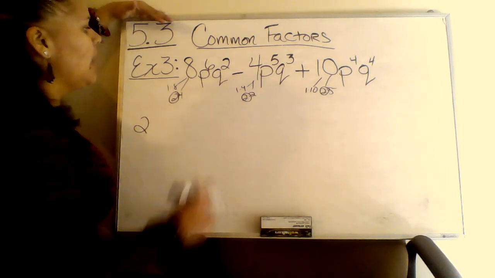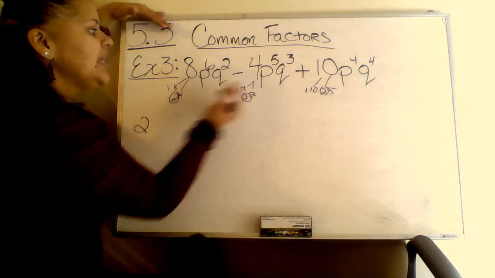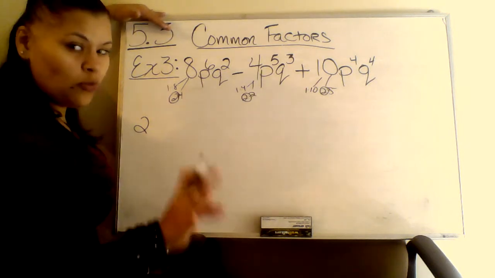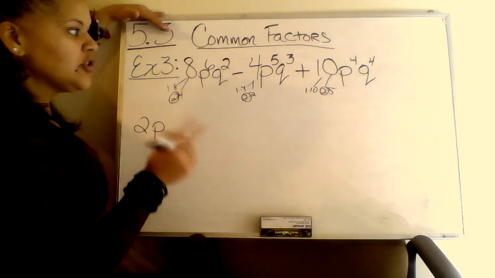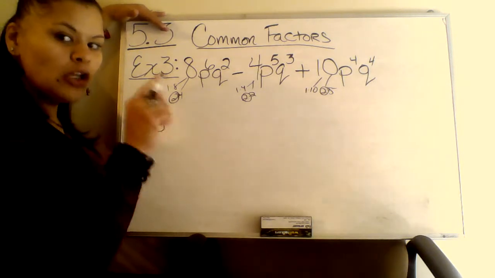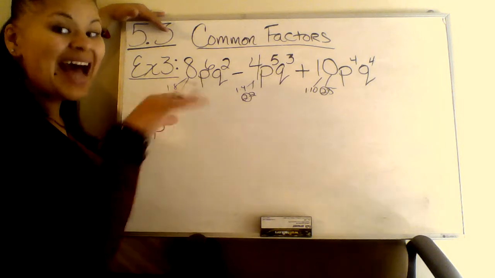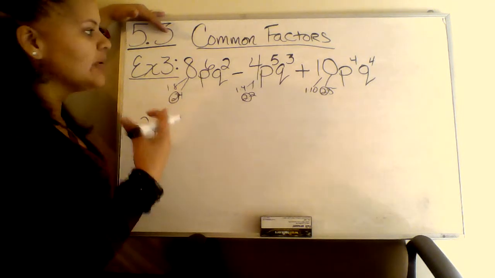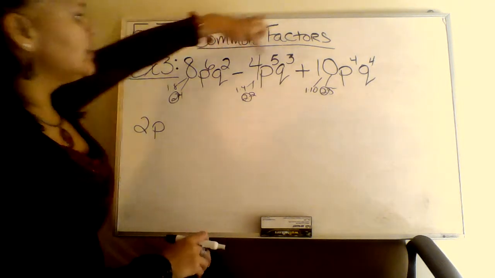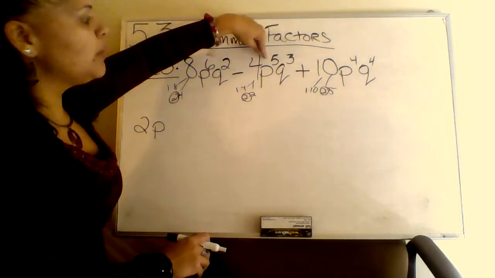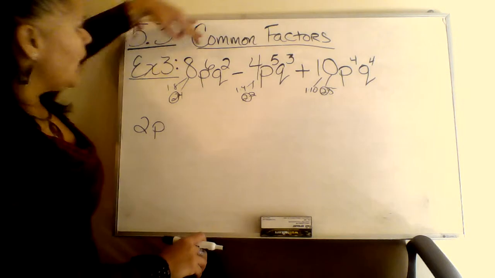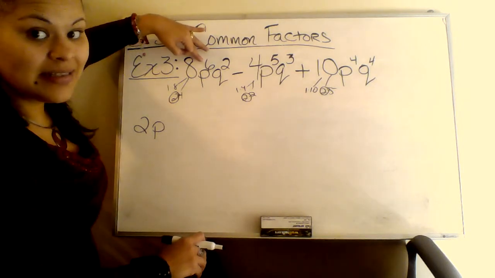And now we notice that they have P in common. The rule for this is you always choose the P with the lowest exponent, because that's as high as the number that they have in common. Our lowest exponent is 4. We know we have 4 P's inside that 5, and we have 4 P's inside that 6.